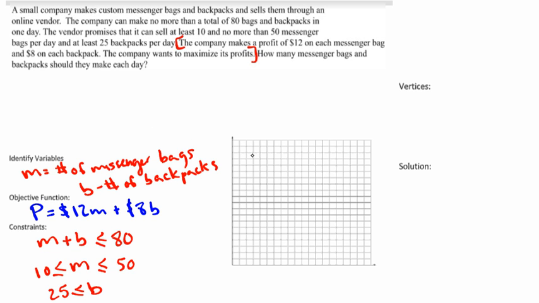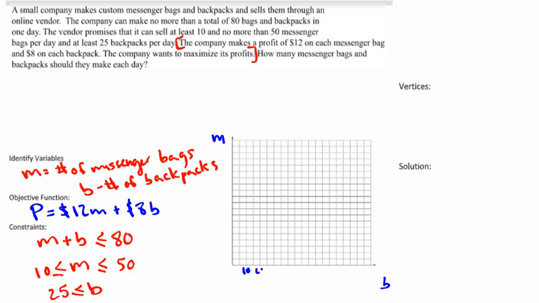Okay, so here is our graph, and usually we have something like time on the x-axis, but this time the only 2 variables we have involved are M and B. So I'm going to put messenger bags over here, backpacks over here.